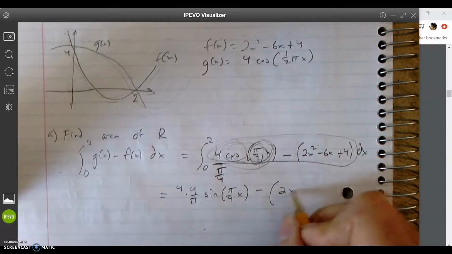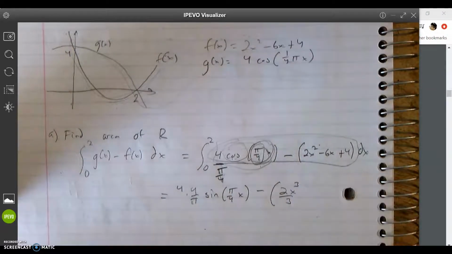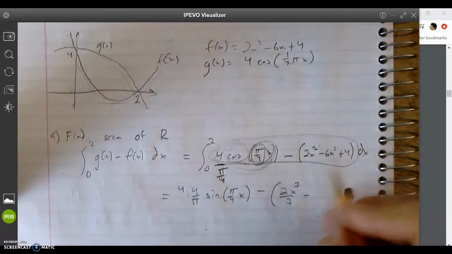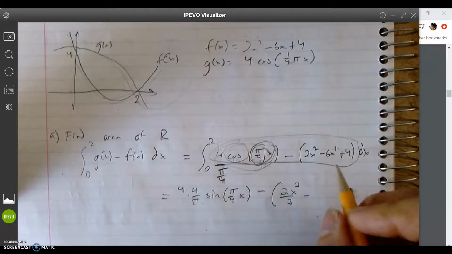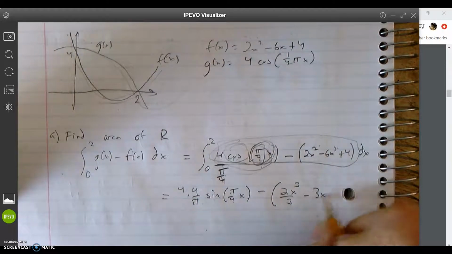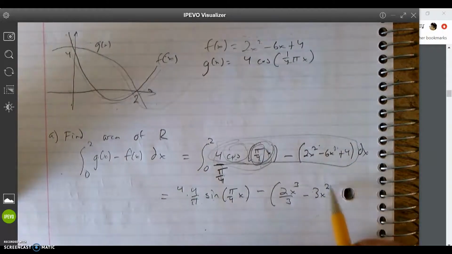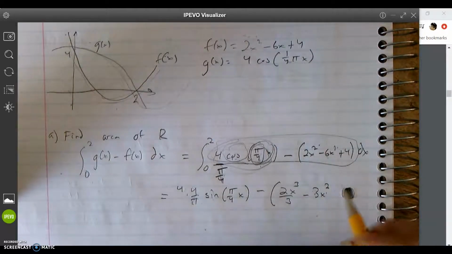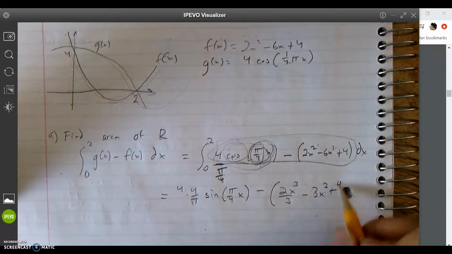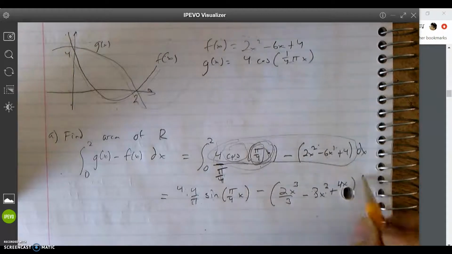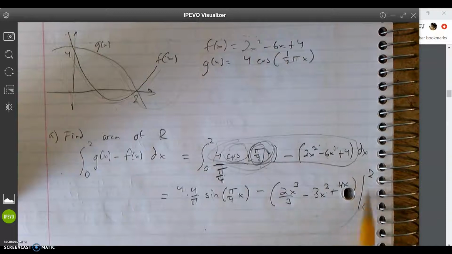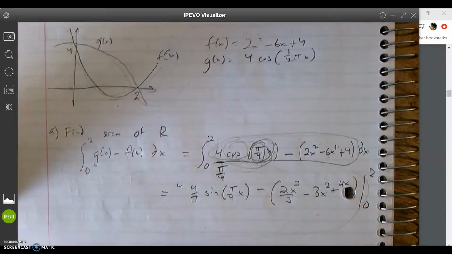So it's going to be 2x to the third divided by 3, minus, add 1 here, so it's going to be 2. 2 divided by negative 6 is negative 3x squared, because when you multiply this, 2 times negative 3 is negative 6x, plus 4x. And you're plugging in 0 and 2. This is 2 points for the antiderivative.